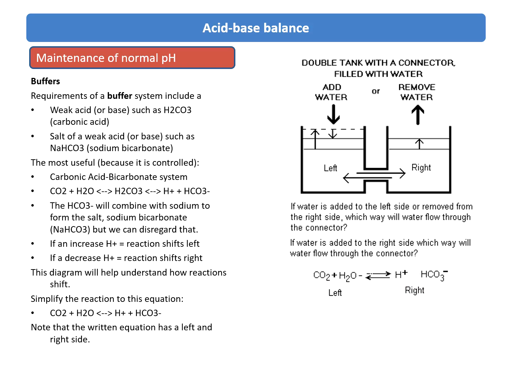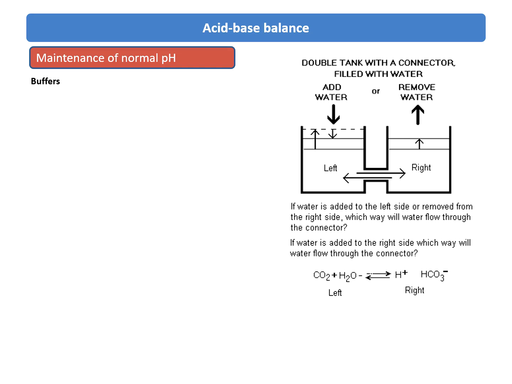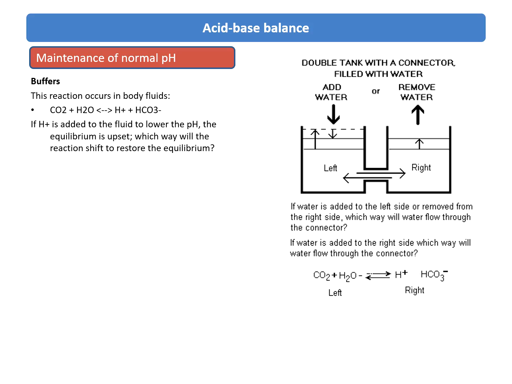Now, a reaction does not have a left and a right side because we're dealing with millions, billions of molecules and ions in solution. This reaction occurs in body fluids. CO2 plus water forms hydrogen ions and bicarbonate ions.